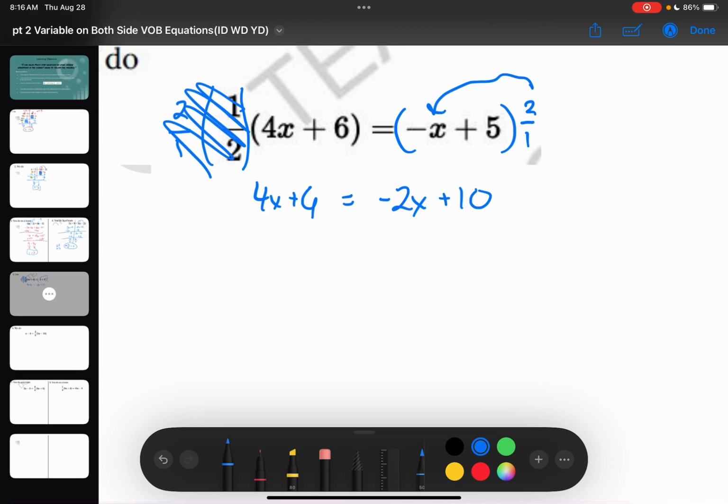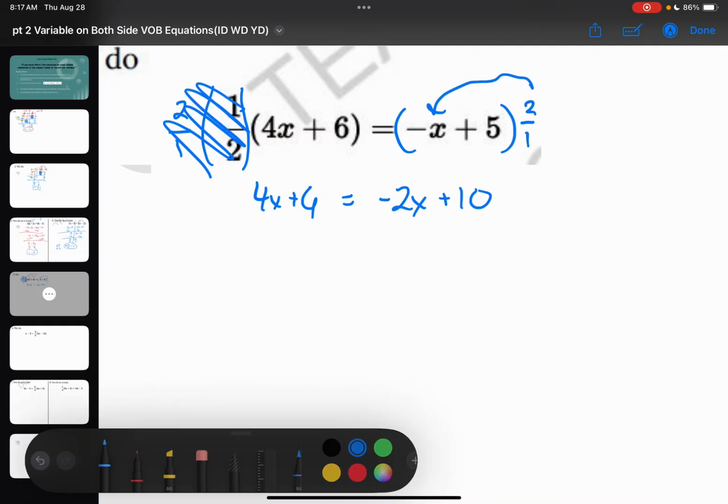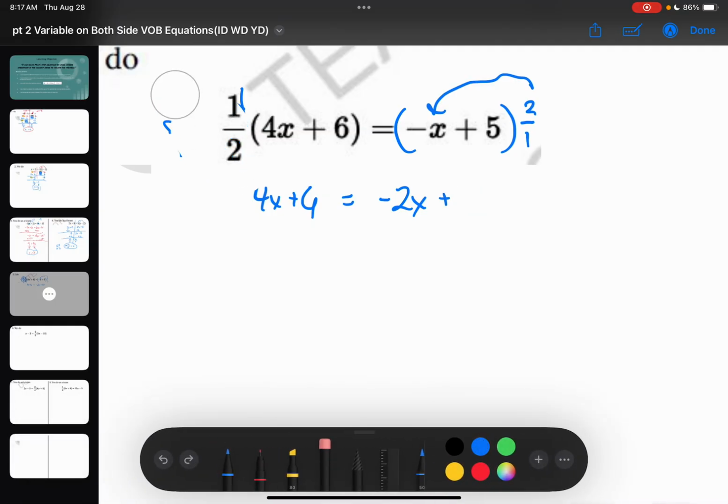Either option would work, whether you want to distribute the fraction through the parentheses or multiply by the reciprocal. Both of them would get us to the same thing. The work would look different, but the answer should be the same. My experience is most of you will distribute because that's what we're really trained to do.